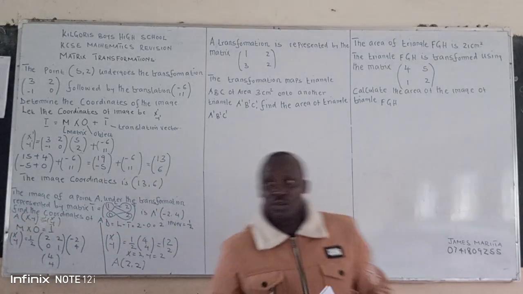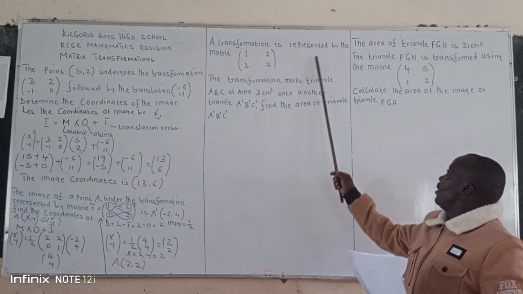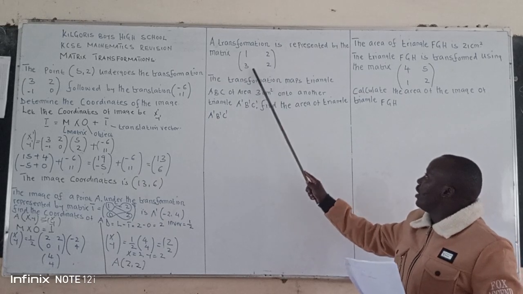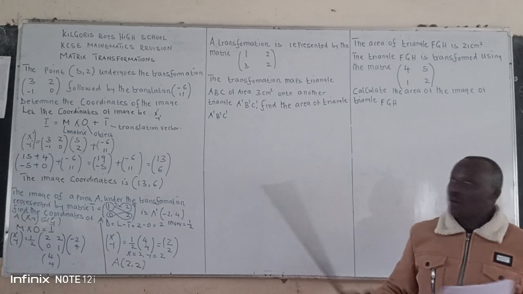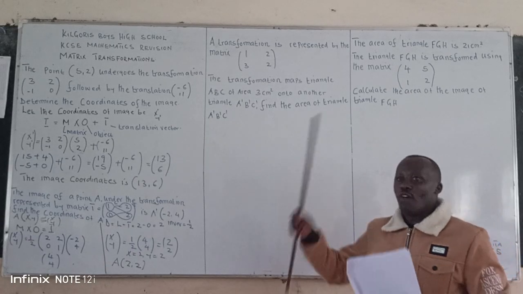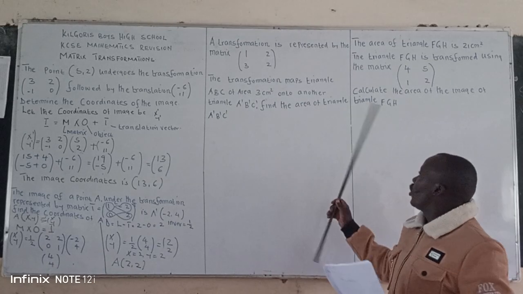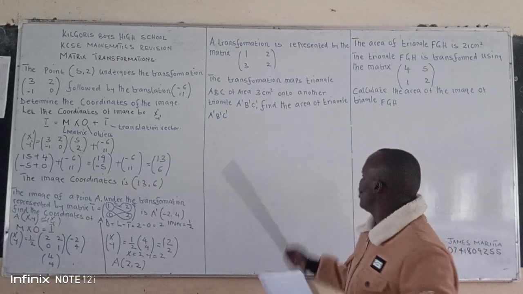Our next question: a transformation is represented by the matrix 1, 2, 3, 2. The transformation maps a triangle ABC of area 3 square centimeters to another triangle A image, B image, C image.